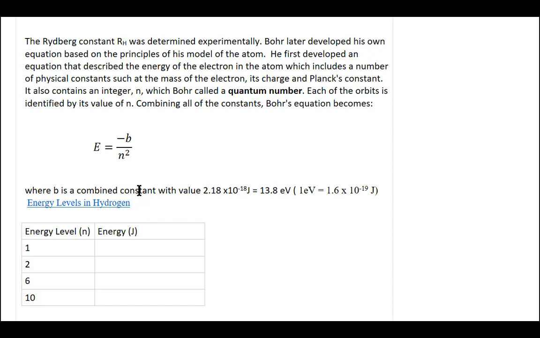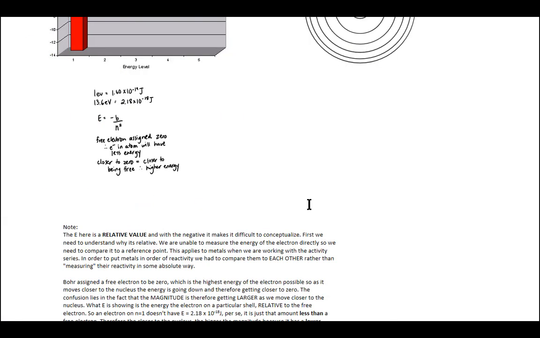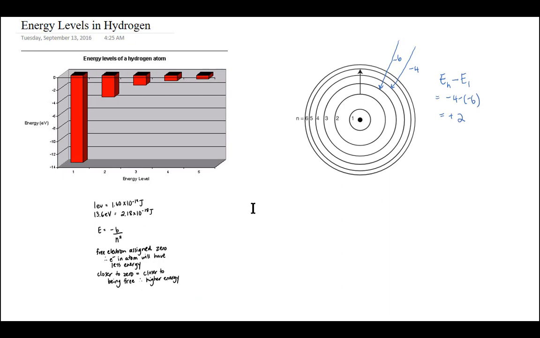Before we start plugging into this, we're going to look a little bit more into this formula to understand especially why it has a negative. When we look at the energy levels in a hydrogen atom, we know that as we move away from the nucleus, the energy of a given electron gets higher.